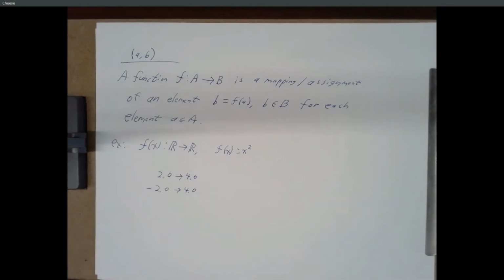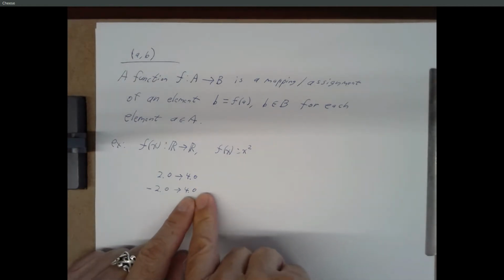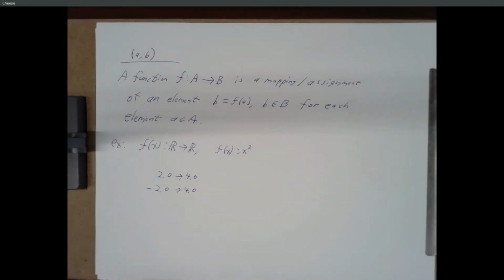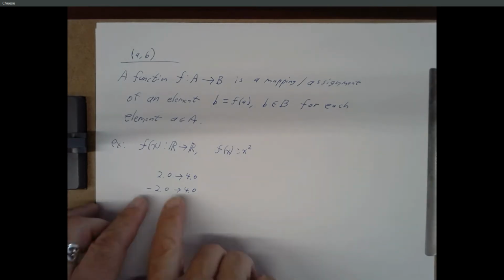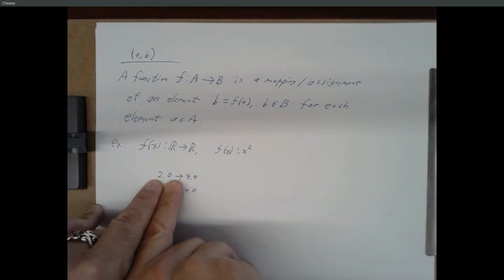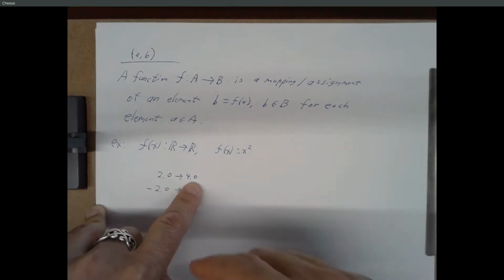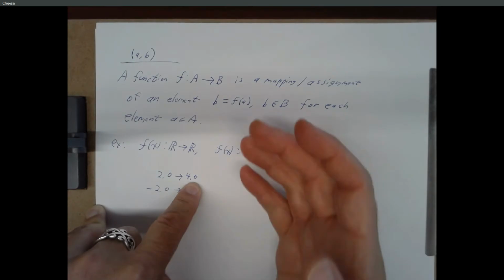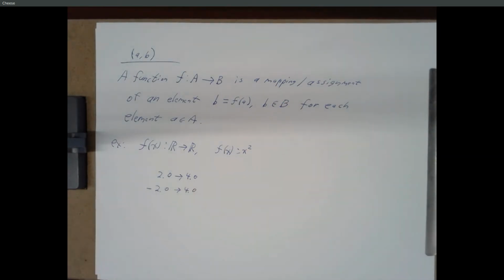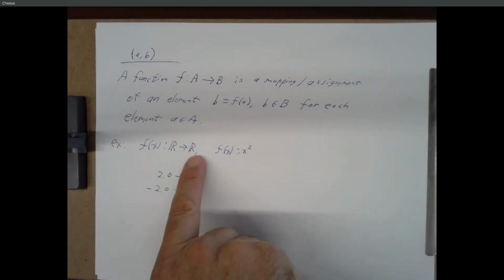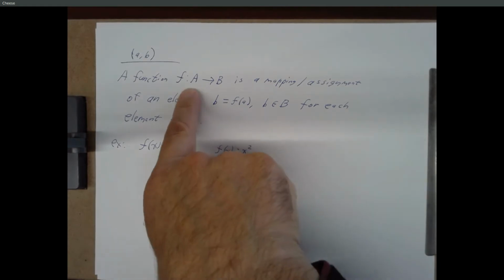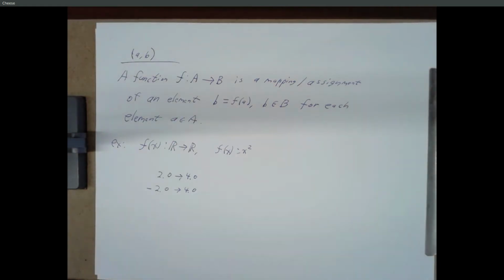That's perfectly allowable. You can have multiple things going to the same thing. Okay, it's still a good function. What's not allowable is if, for example, we associated 2 things with a number 2. If 2 could map to a 4, but it could also map to a 75. Okay, that's not a function. So that's the vertical line test you do in math classes. So there has to be exactly one thing associated with everything in A in this case. But you could have multiple things going to an element in B.